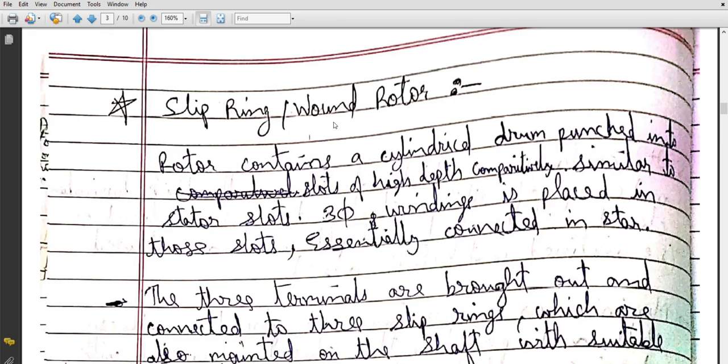But this is the advantage of using squirrel cage. In slip ring, this is not so. If we change the stator poles, we need to redesign the winding again so that it creates an equal number of poles as are present on the stator.